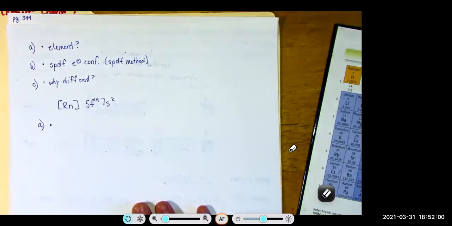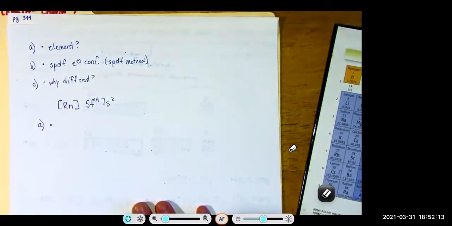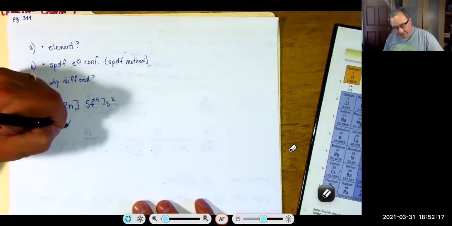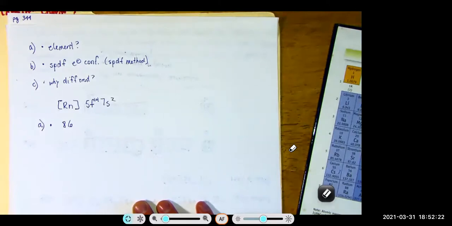I'm wondering if when I count, I want to say that it's the one after nobelium, but you just told me nobelium. Well, how many electrons are in radon? 86. Okay. How many are in 5F14? 14.